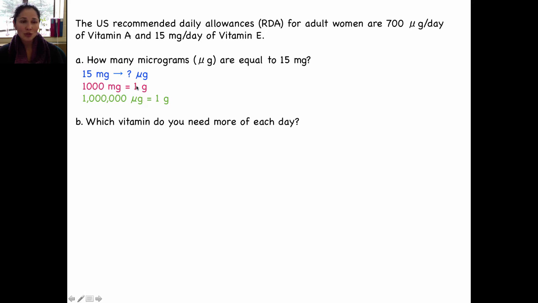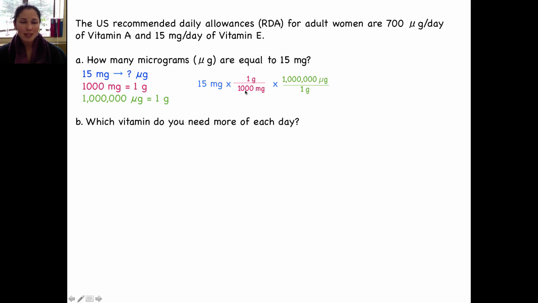I can use these two equivalent units in tandem to convert milligrams all the way to micrograms. First, I'll convert milligrams into grams. And then I will convert grams into micrograms.